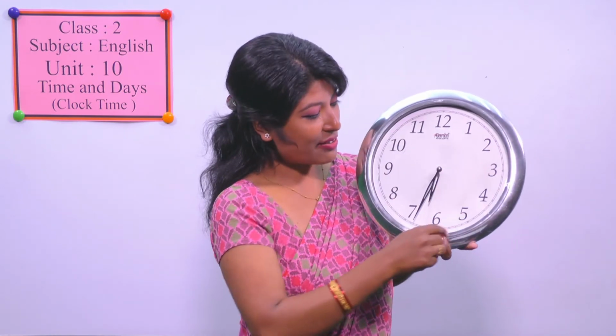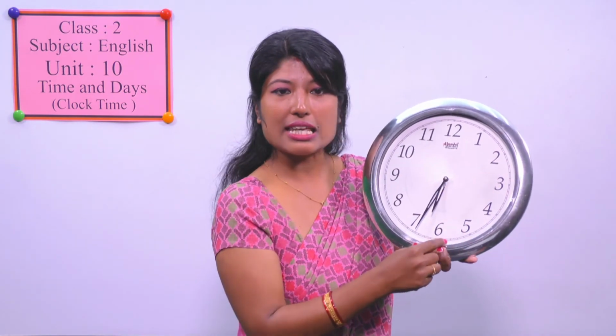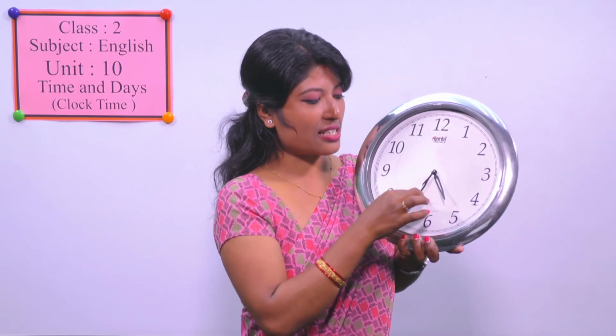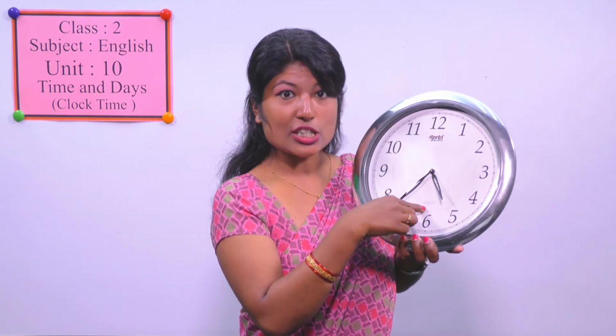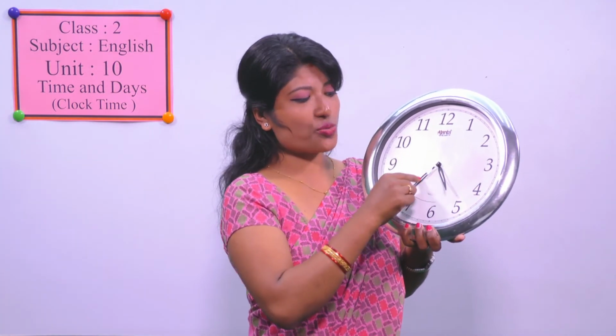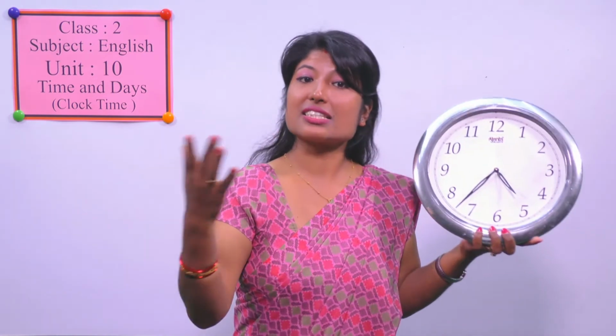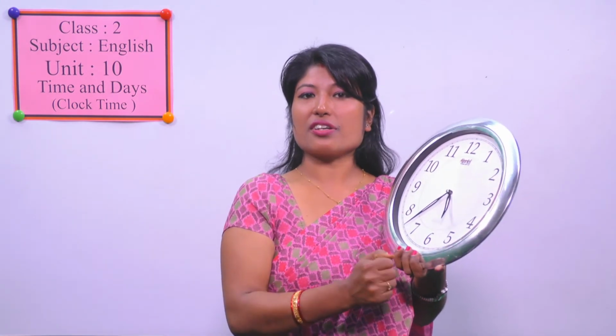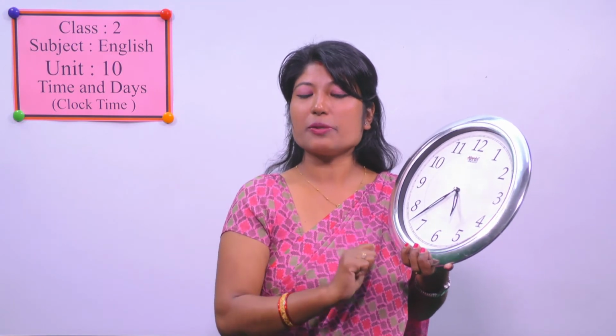So we have 12 numbers in the clock, right? And 2 hands. 12 numbers and 2 hands. Now these 2 hands will tell us what time it is. Okay, so let's move further and come to know about the time.